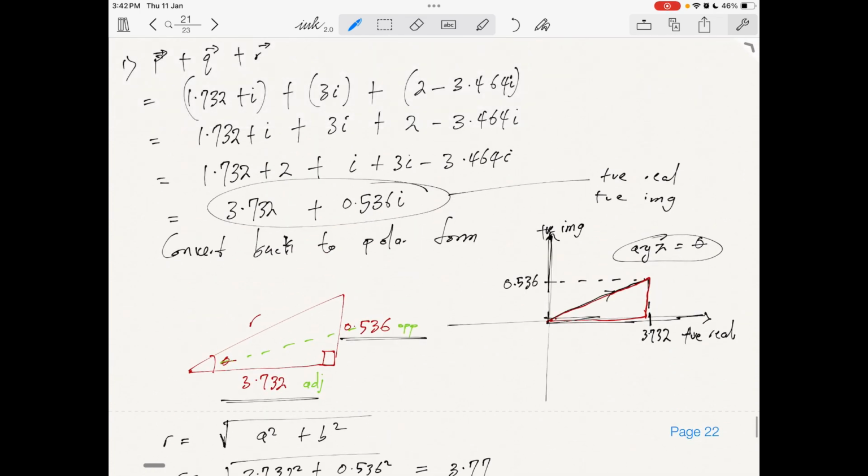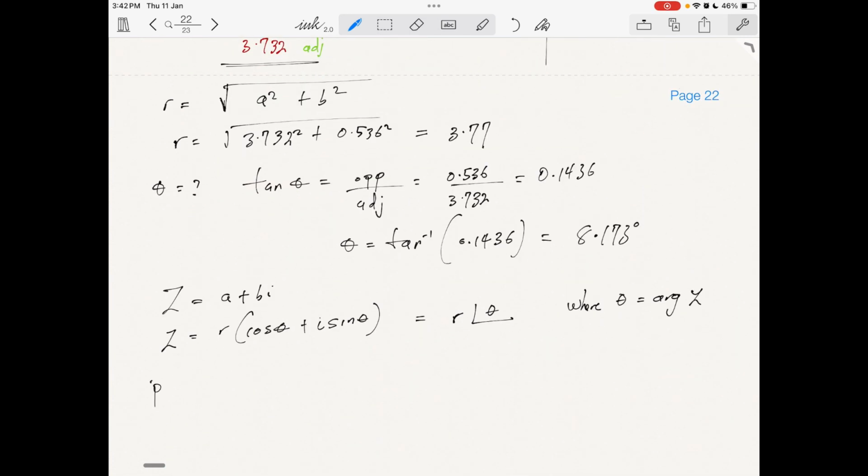Our final answer for P plus Q plus R, which is equal to 2 minus 3.464i, when we evaluated this, we saw that our r is equal to 3.77 and our theta, or argument z, is equal to 8.173 degrees.